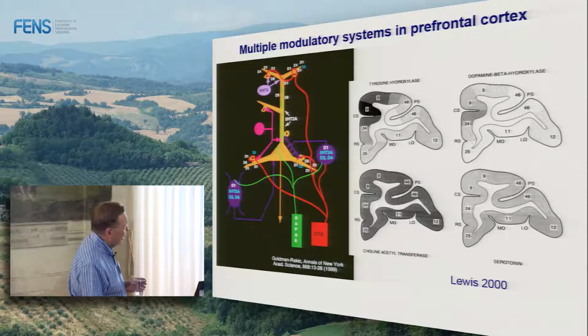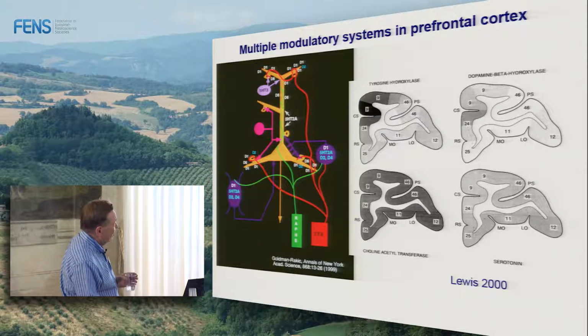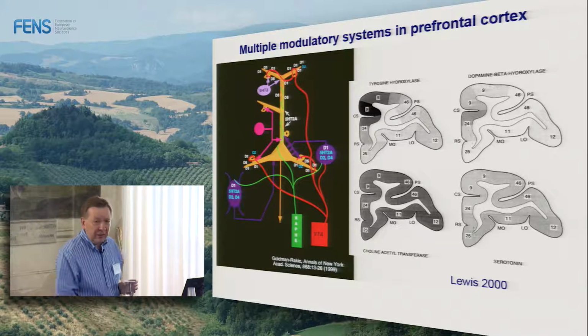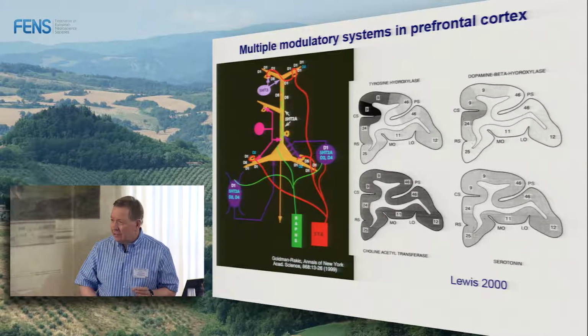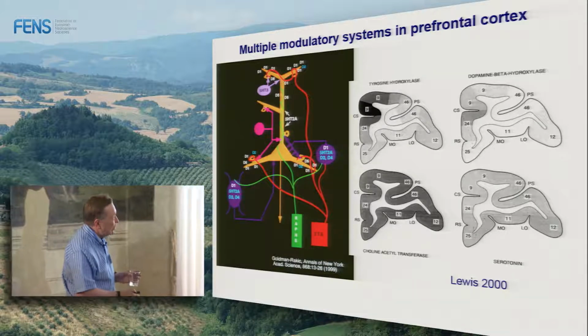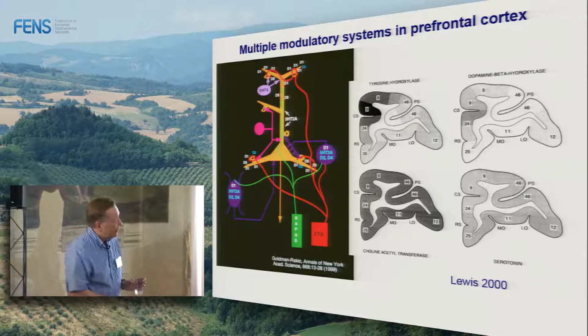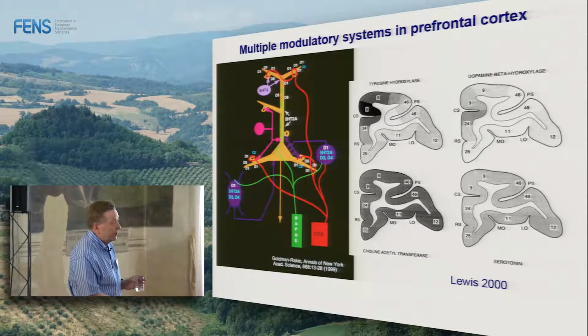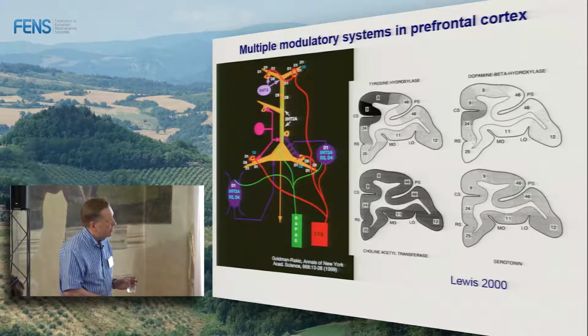I'm going to show you a number of examples of this. So tyrosine hydroxylase has great activity in area 9 of the prefrontal cortex. Now why is that? There's a gradient here. So dopamine is much more important in this area than, say, in other areas in BA25, for example.